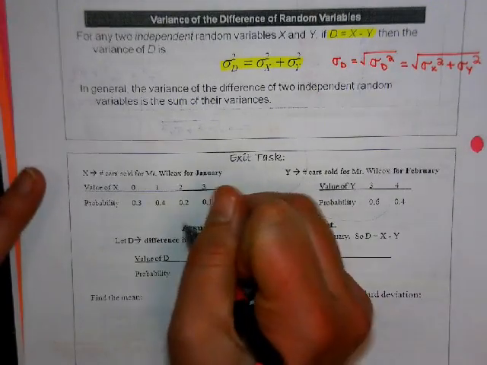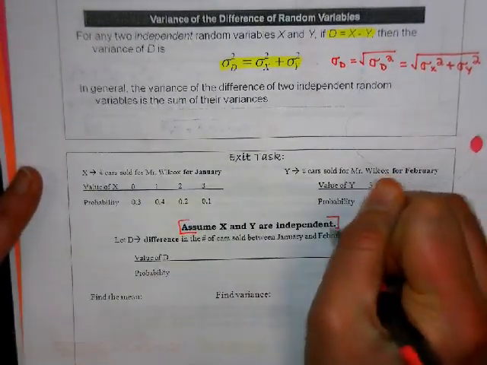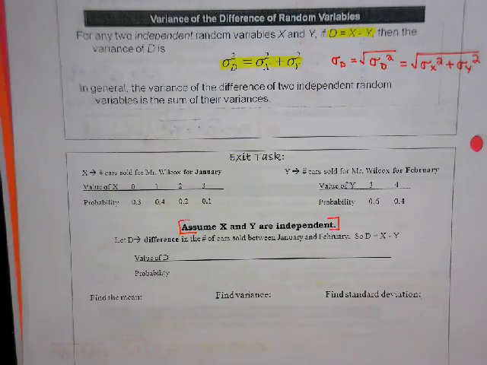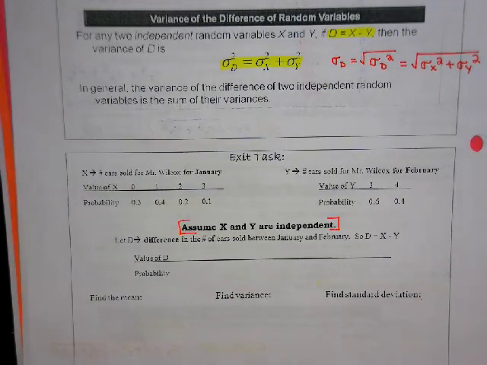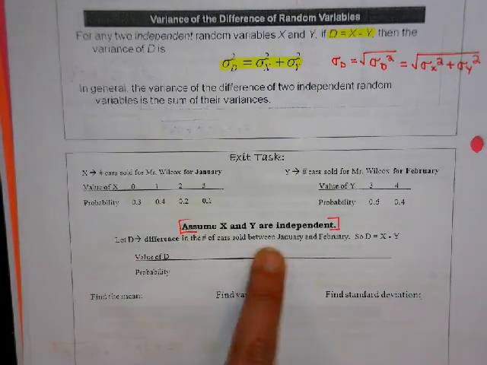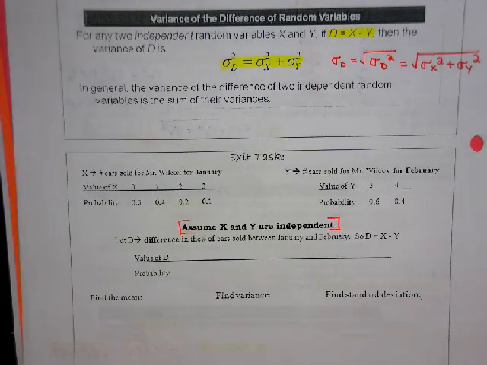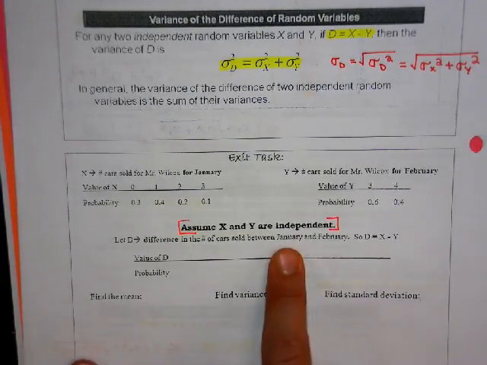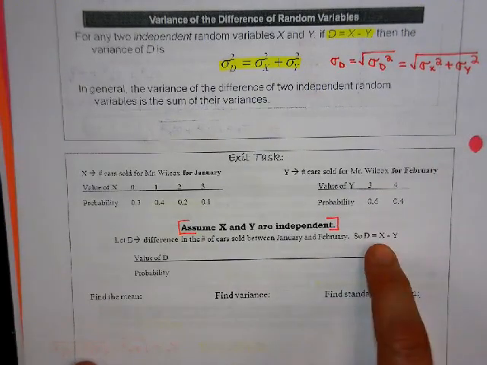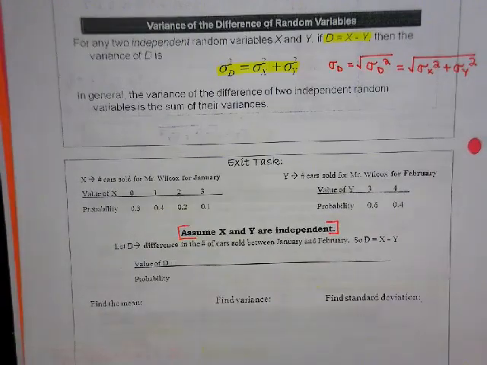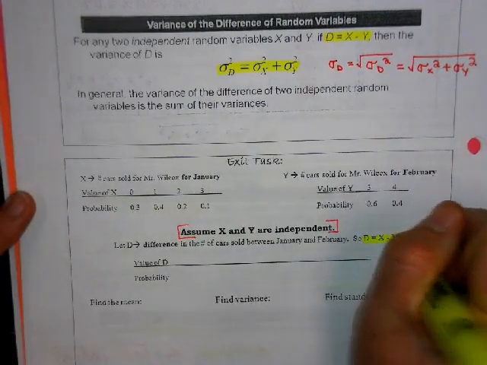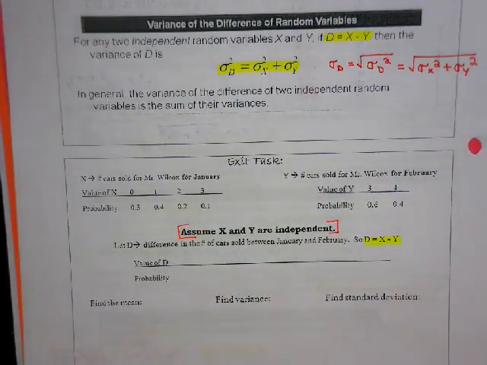So we're going to define D as the difference in the number of cars sold between January and February. Now with subtraction, order matters. Difference between January and February, so D is X minus Y. So we're going to make our probability distribution.